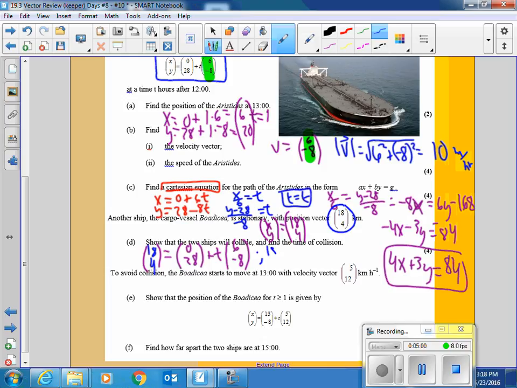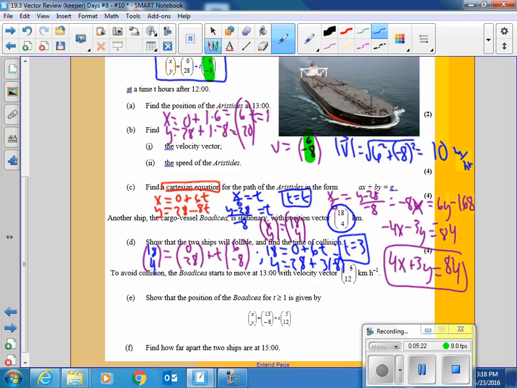So 18 equals 0 plus 6t. Looks like t is going to be equal to 3. Okay? Then 4 is equal to 28 plus 3 times negative 8. Well, negative 24 plus 28 is 4.